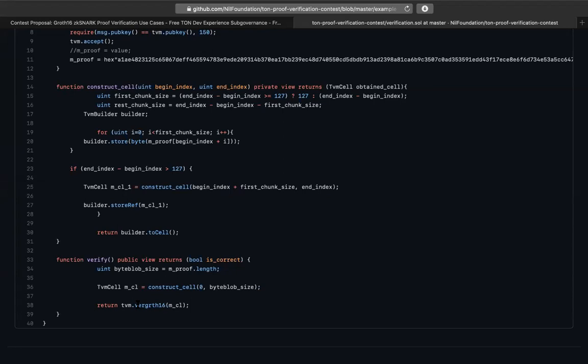I just want to note that the construct cell, like I told Nikita, is totally redundant, and you added support for bytes in the compiler, so there is really no need for that. You just push the bytes. You can just do tvm.vargrowth and put that blob in there.